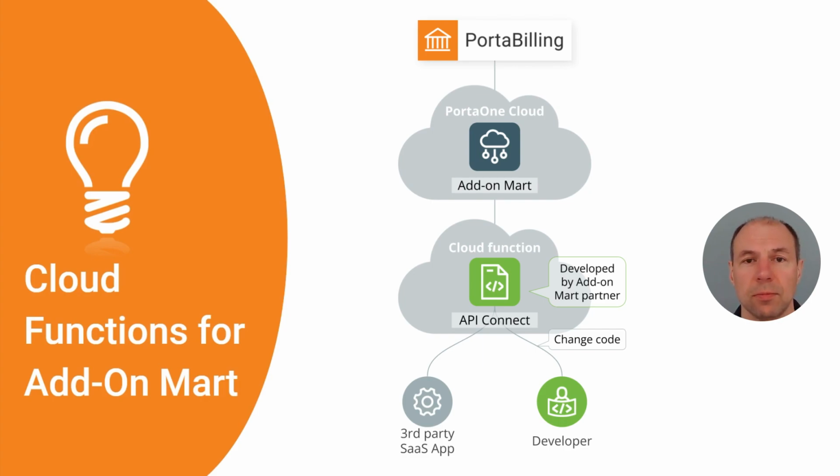And this cloud function will reside in the cloud of your choice. I used Google Cloud, but you can use Azure or AWS, and you will have full control over it.